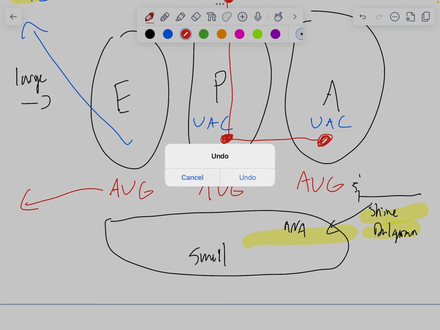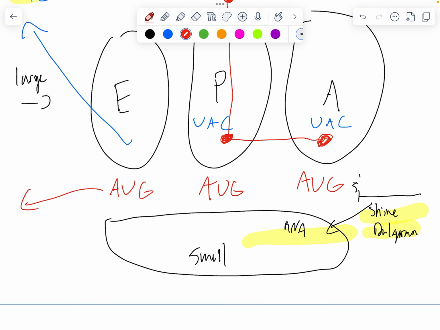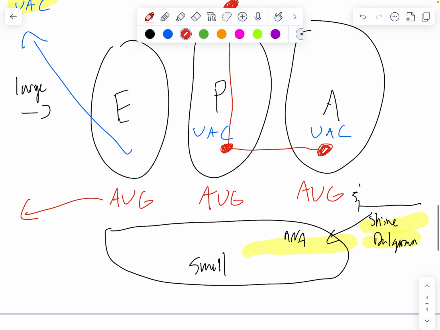So our nonsense codons don't have an amino acid associated with them. So we'll imagine that our next codon is UAG, which is a stop codon or a nonsense codon.